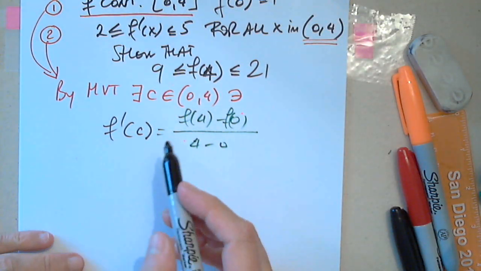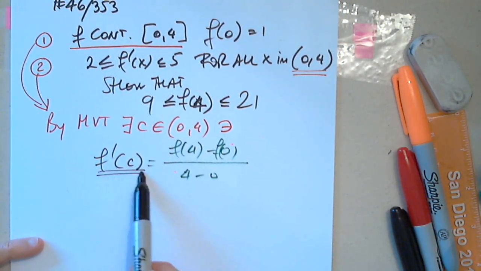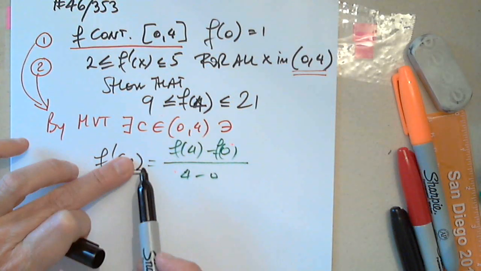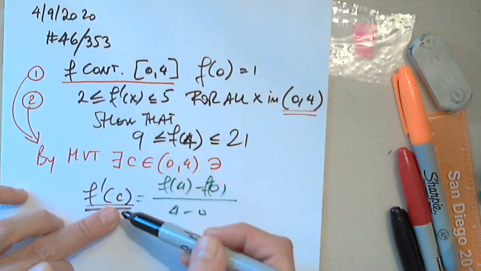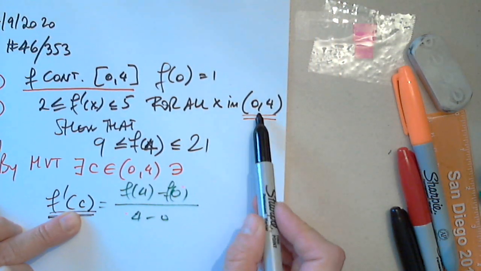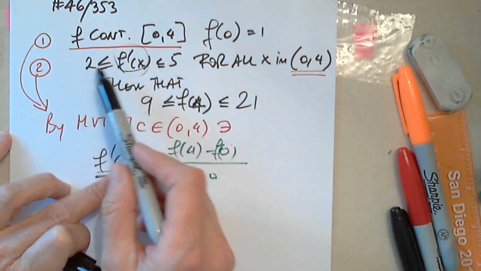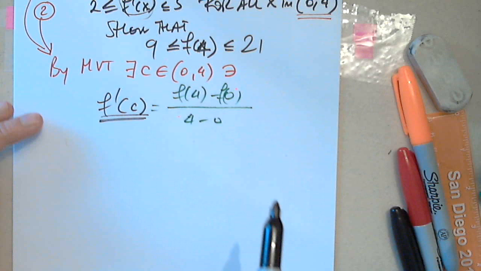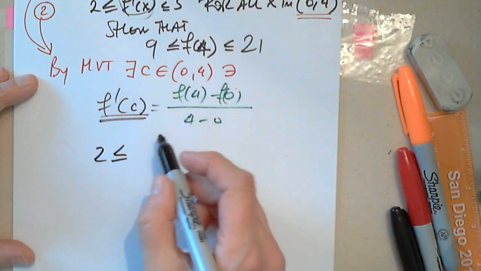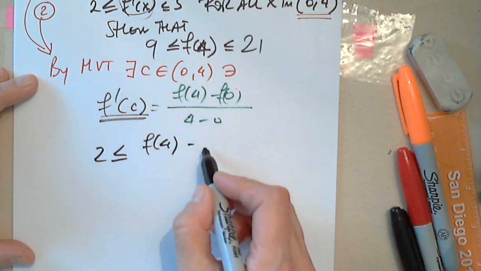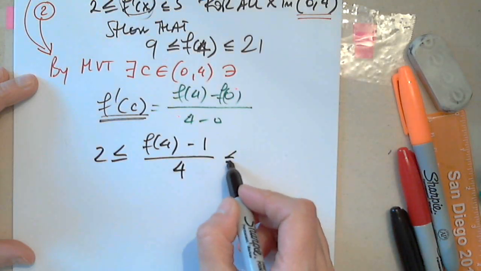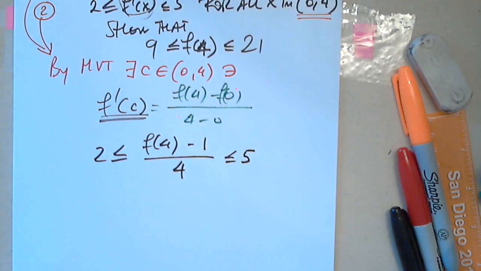So I will write that, and secondly, I know that f prime of x, for any x in the interval 0, 4, at all times f prime is squeezed between 2 and 5, or bounded. So 2 is less than or equal to f of 4 minus 1 over 4, less than or equal to 5. Is this okay? Yes.